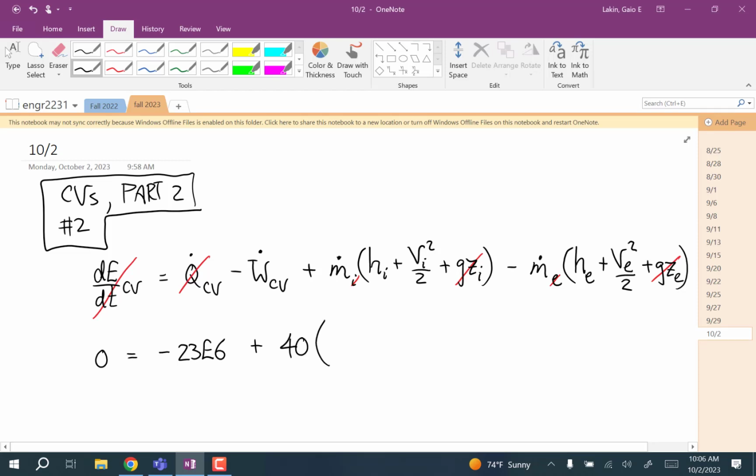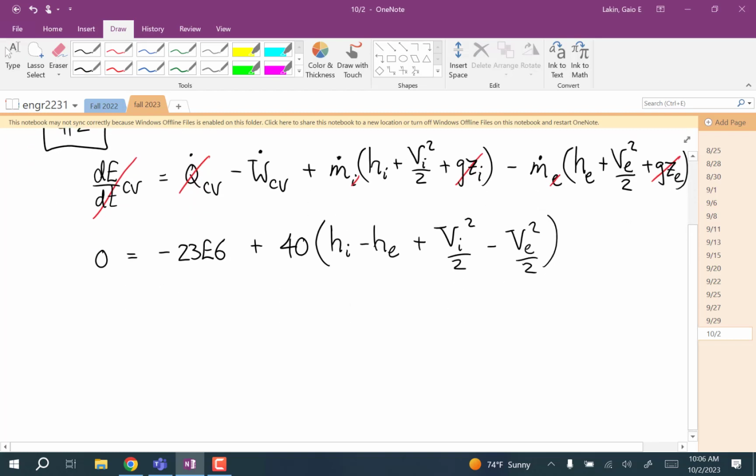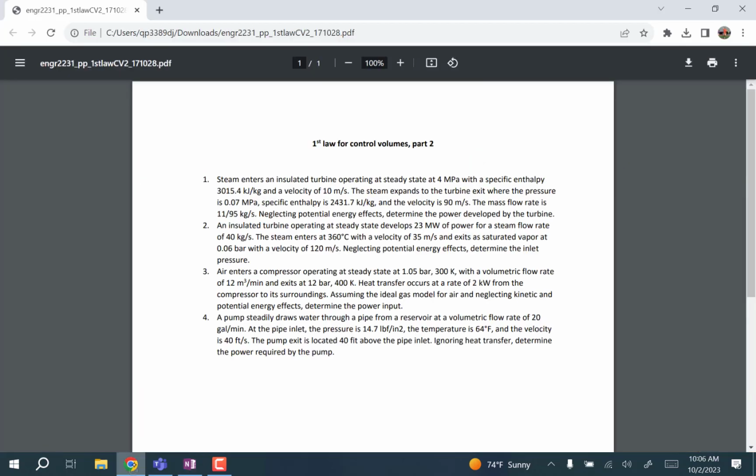And if I group this stuff all together, I can think of this as h i minus h e plus v i squared over 2 minus v e squared over 2. And we know those speeds.